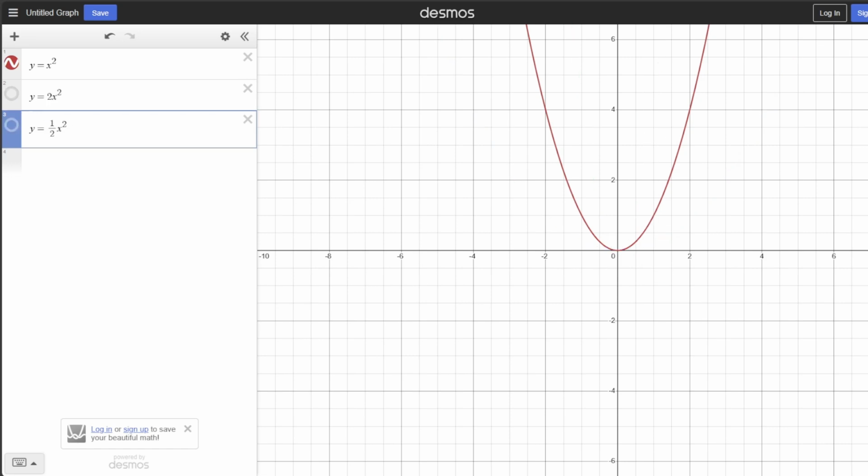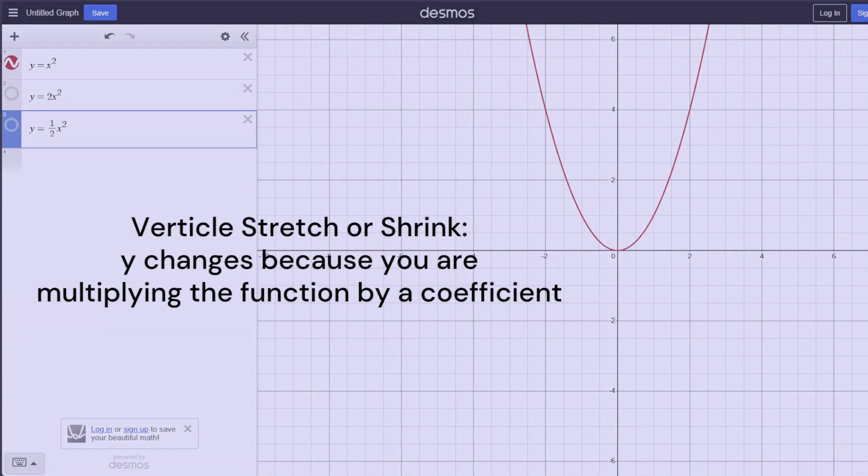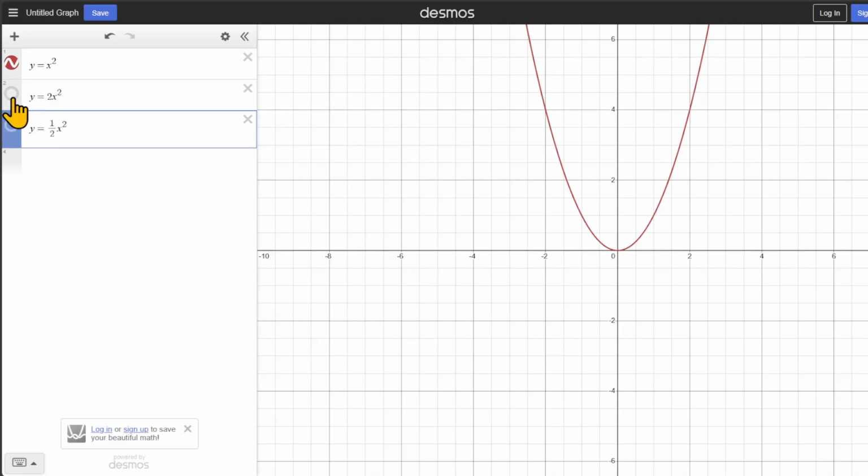Next, we're going to look at a vertical stretch and a vertical shrink. A vertical stretch is when a is greater than 1, and when I put the graph in, a particular point on the graph, in this case when x is 1, y is 1, moves away from the x-axis.